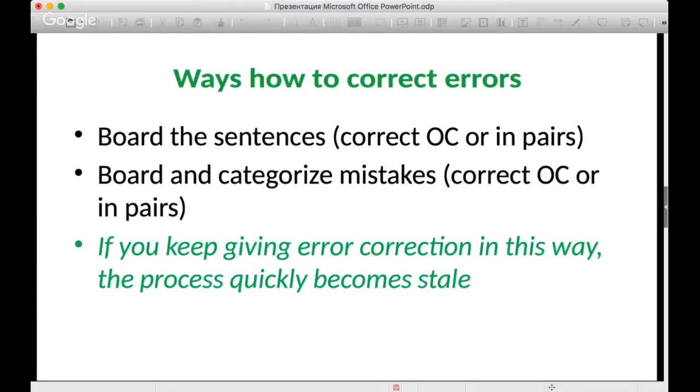So if you feel the lack of time, if you don't have much time and you are correcting the mistakes between two parts of your lesson, for example, then what I use with my students is we have our chat on Telegram or on Viber, and I write the wrong sentences to our chat.